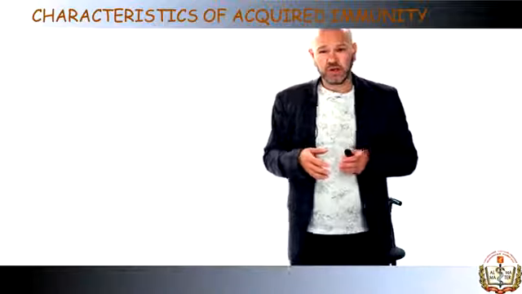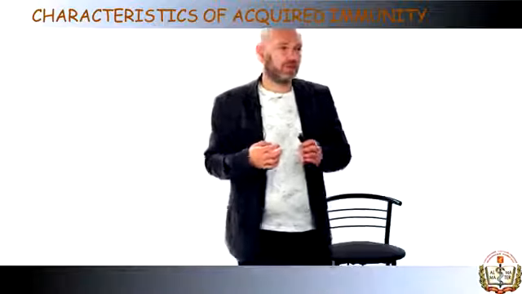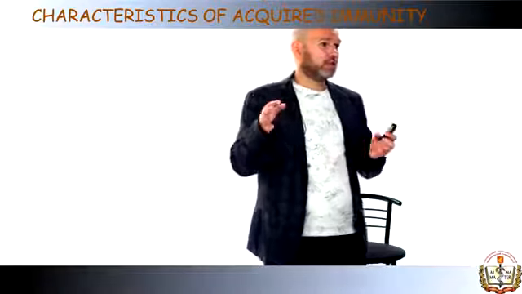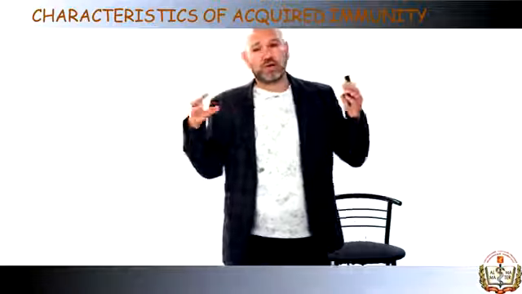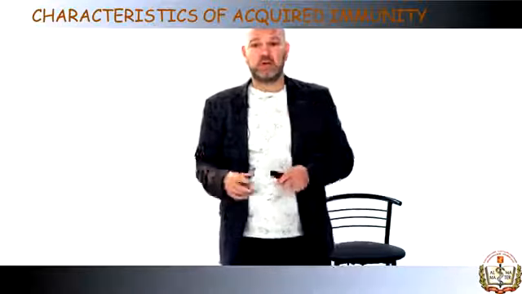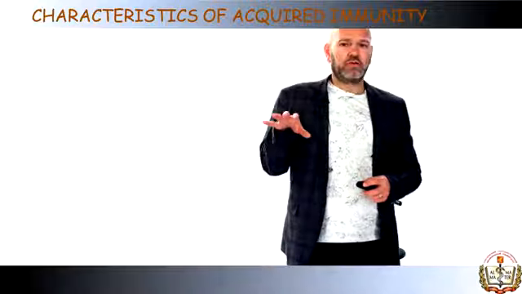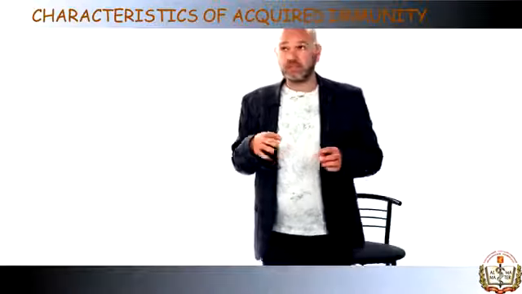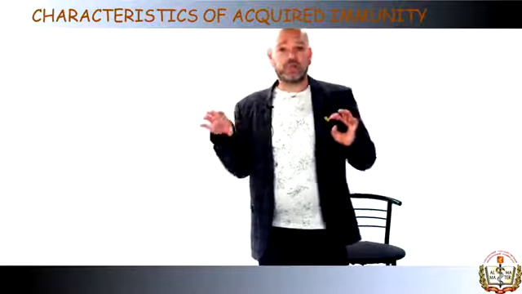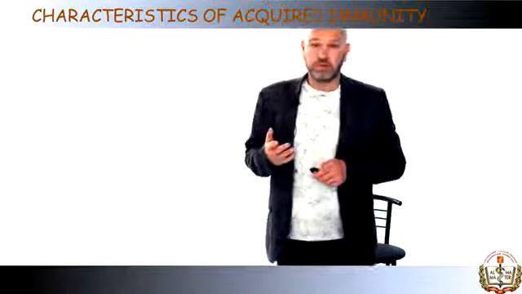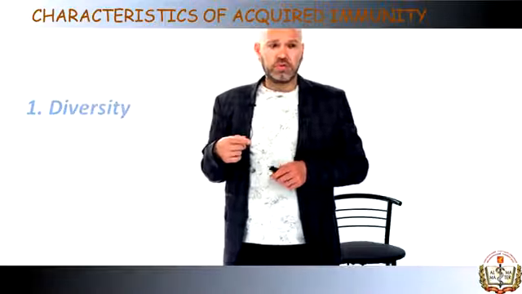And partially we already discussed some features of acquired immunity. Now we need to combine and arrange our knowledge into one common single system. So I already said the system is really complex, and the system has multiple actions. It can be described with 4 major properties. The first property of immunity is diversity.